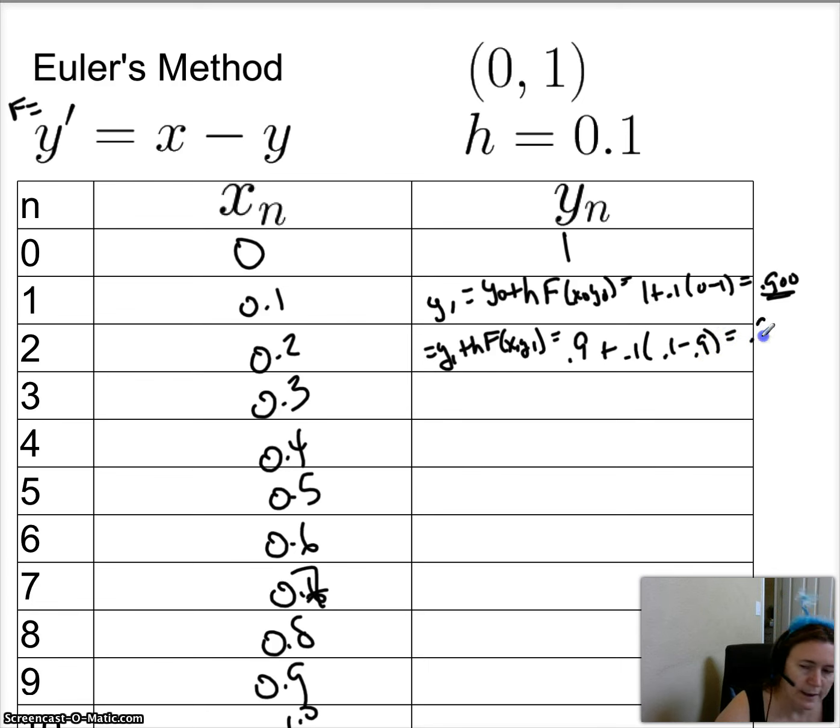Or this is 0.82. And you can see we can go on and fill all of these in, 0.758, 0.712, etc., until I get to the last one, that's 0.697.